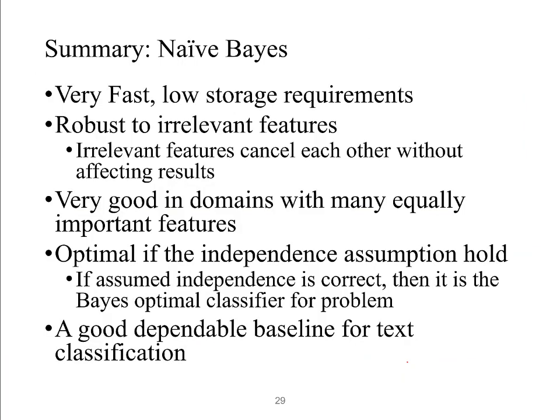So to summarize naive Bayes, it is very fast and has low storage requirements compared to other complex classification models, especially neural network models. It is robust to irrelevant features, because irrelevant features or words cancel each other out without affecting the results. Basically, as you can see, we don't even compute them.